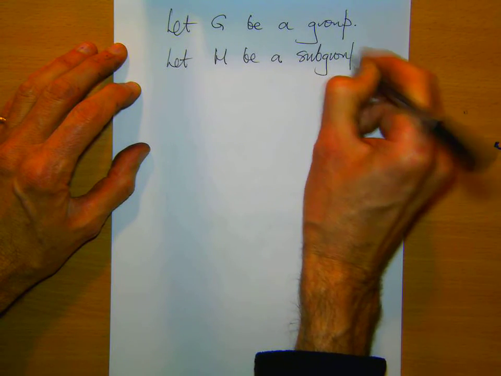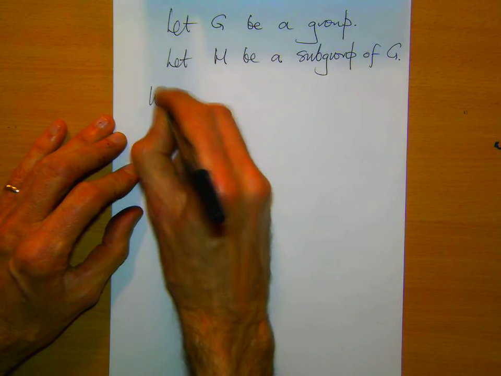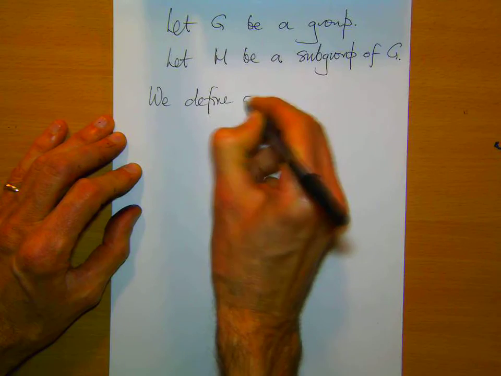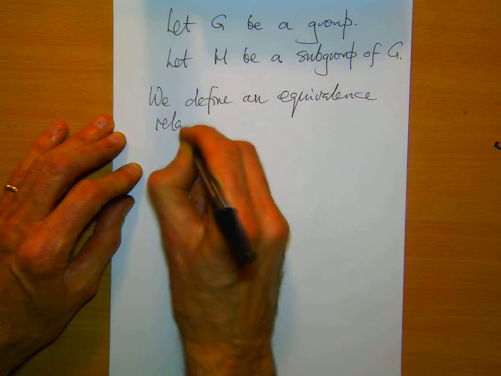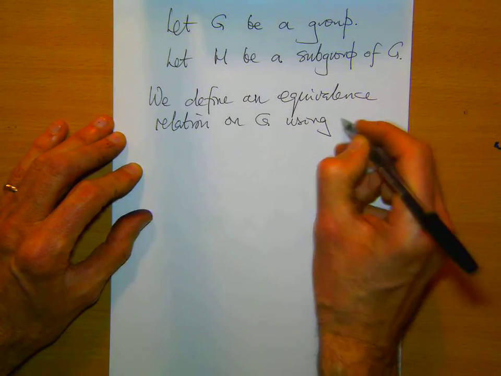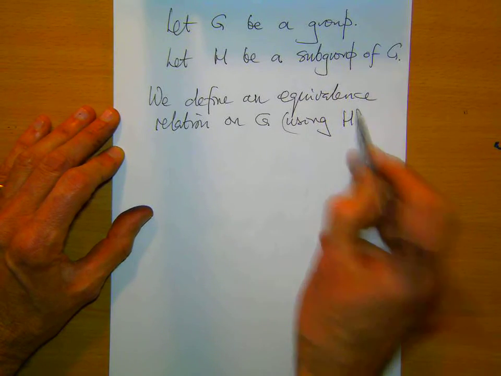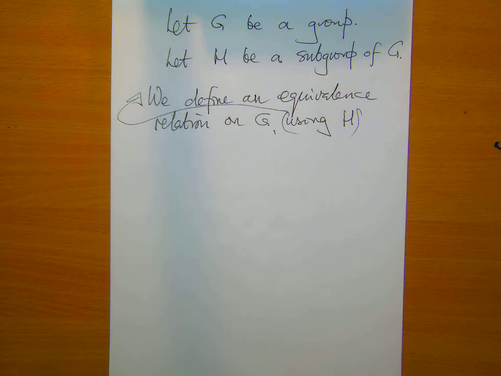So the data are a group G and a subgroup H. And we're going to define an equivalence relation on G using H. Perhaps I was better saying, using H, we define an equivalence relation on G.